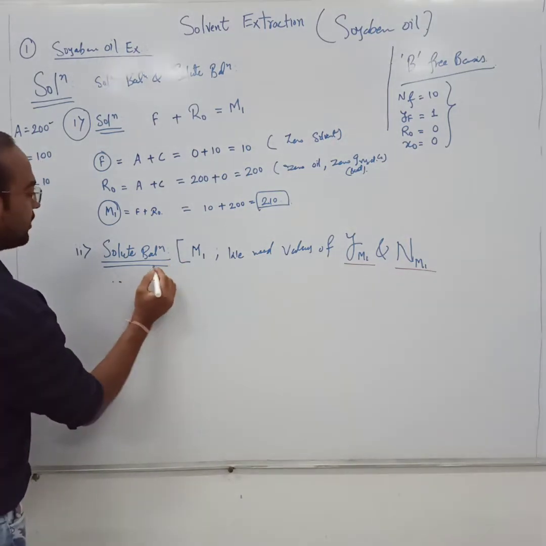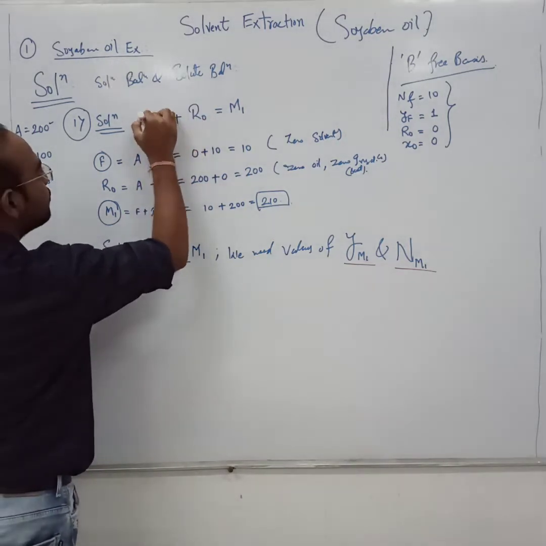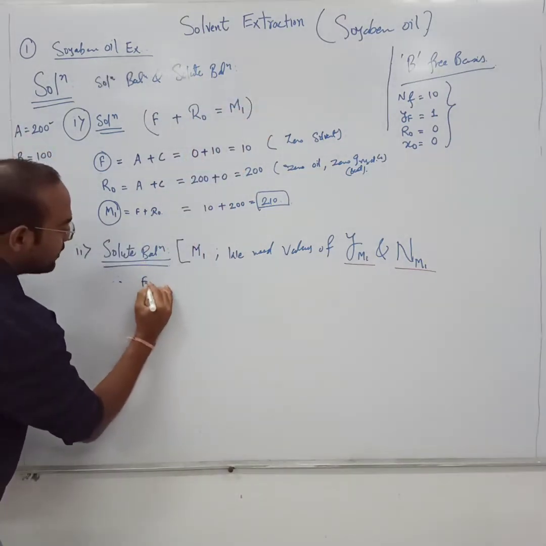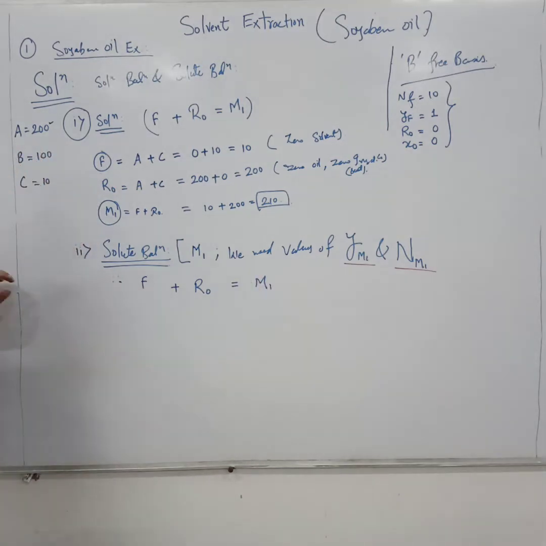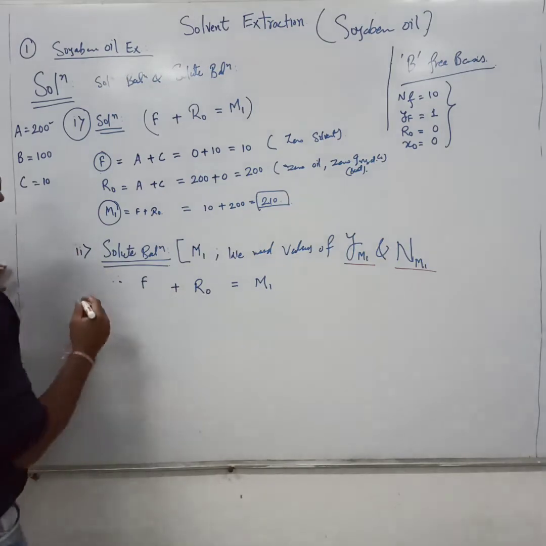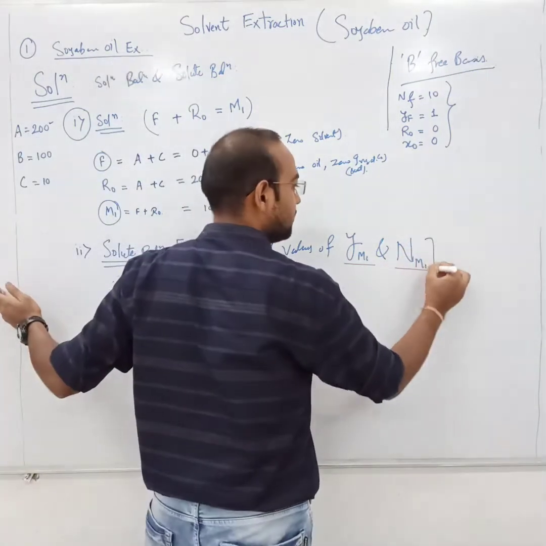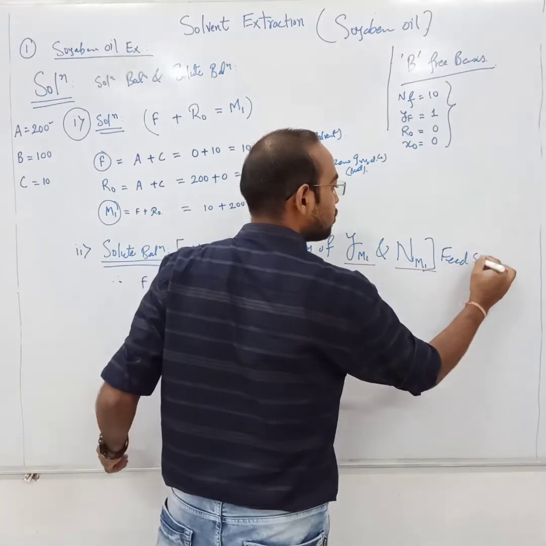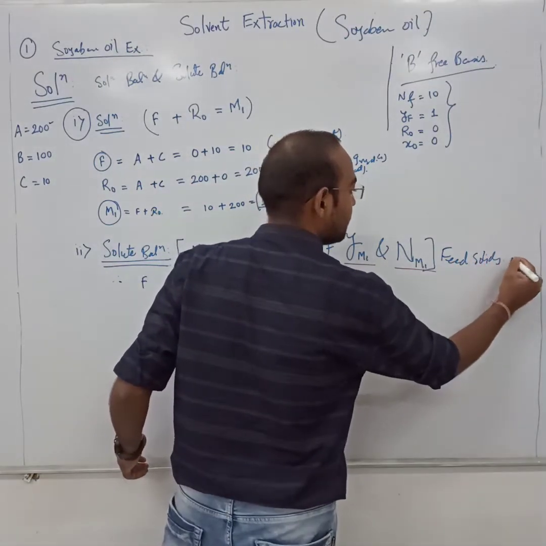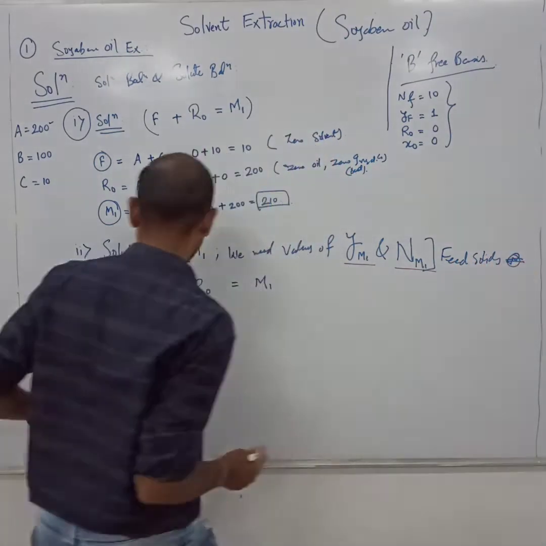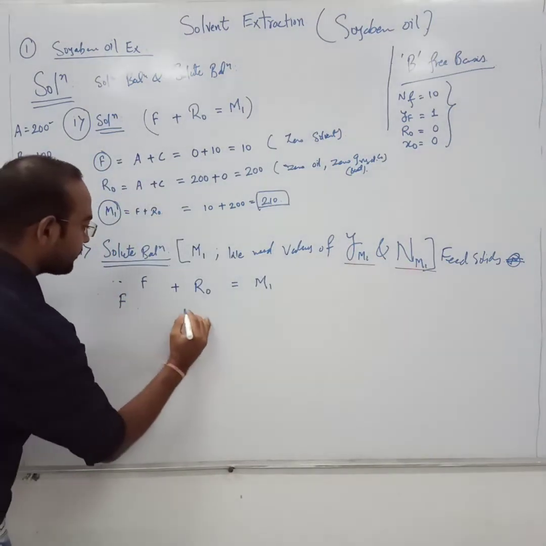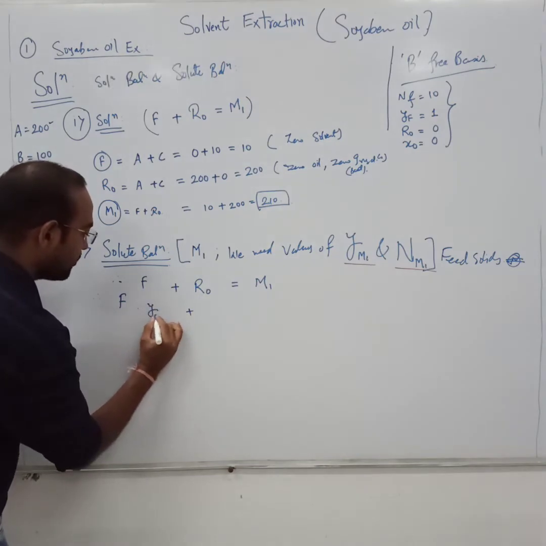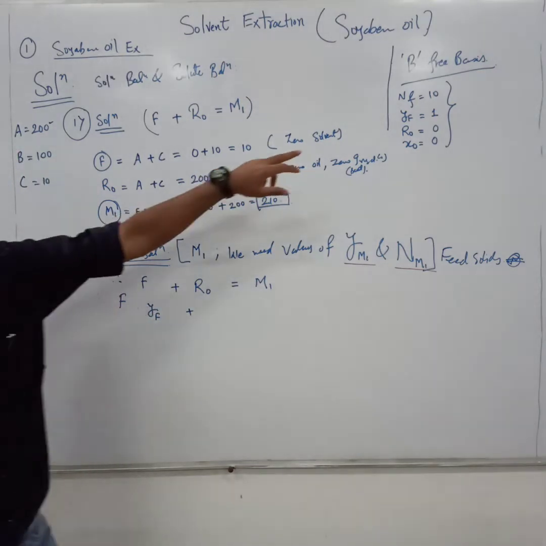So let's move on. Again the same mixture is used, that is F plus R0 equals M1, but we are talking about the solute balance of our feed solids. Capital F into YF, we have already calculated YF.